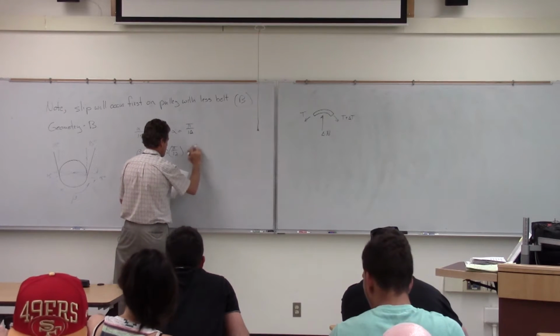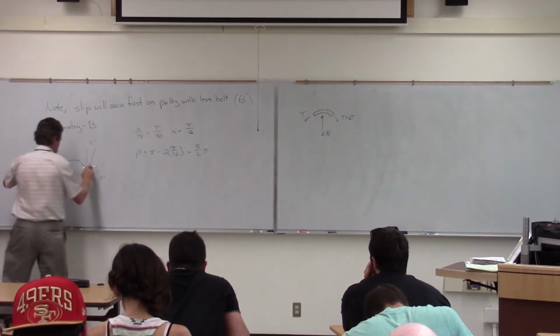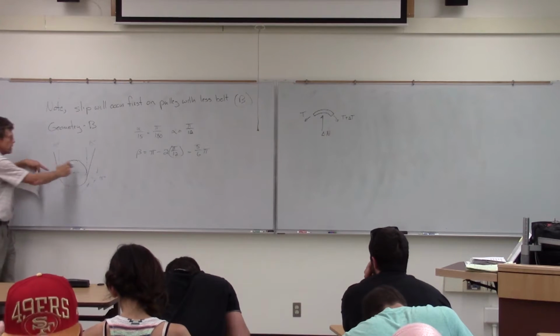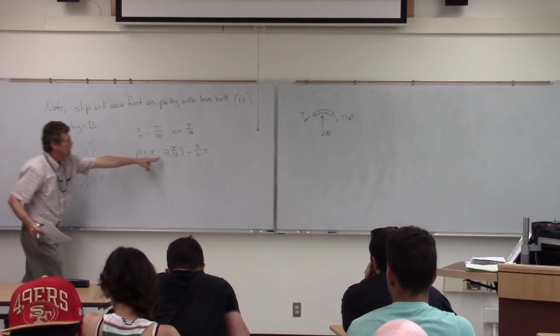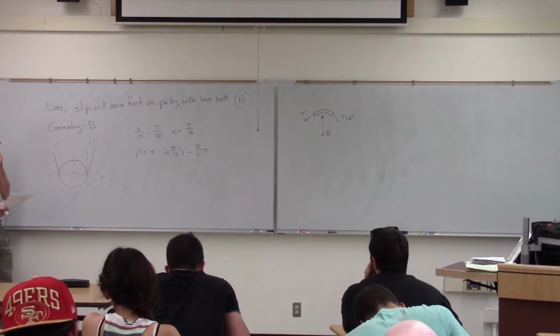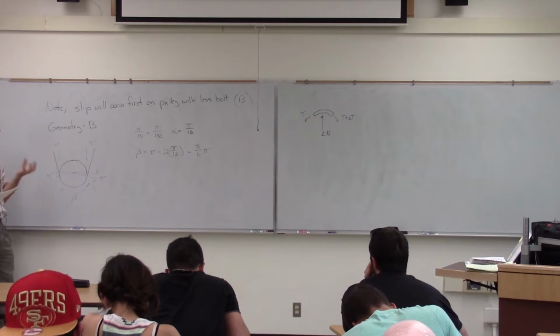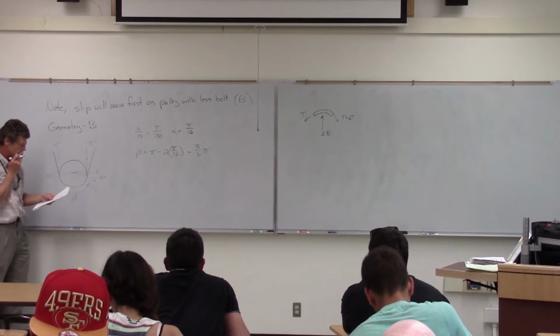Beta would have been 90 degrees, or pi for the whole 180 there. I'm going to subtract off those two 15-degree angles, and basically I end up with my wrap area in terms of radians being 5 over 6 times pi.